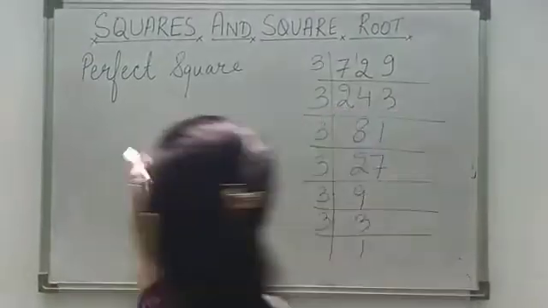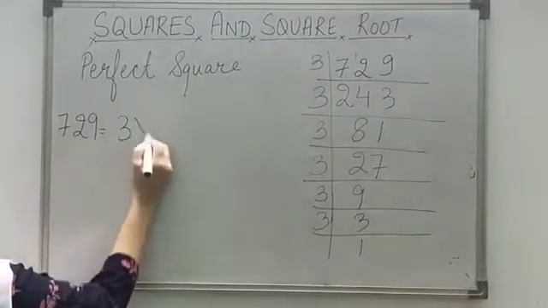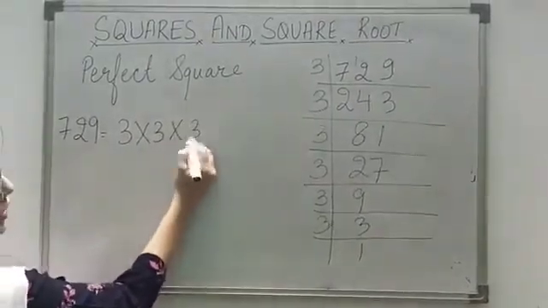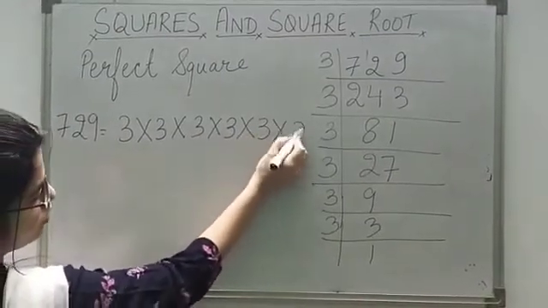So now let's write down 729. Factors are 3 into 3 into 3 into 3 into 3 into 3.